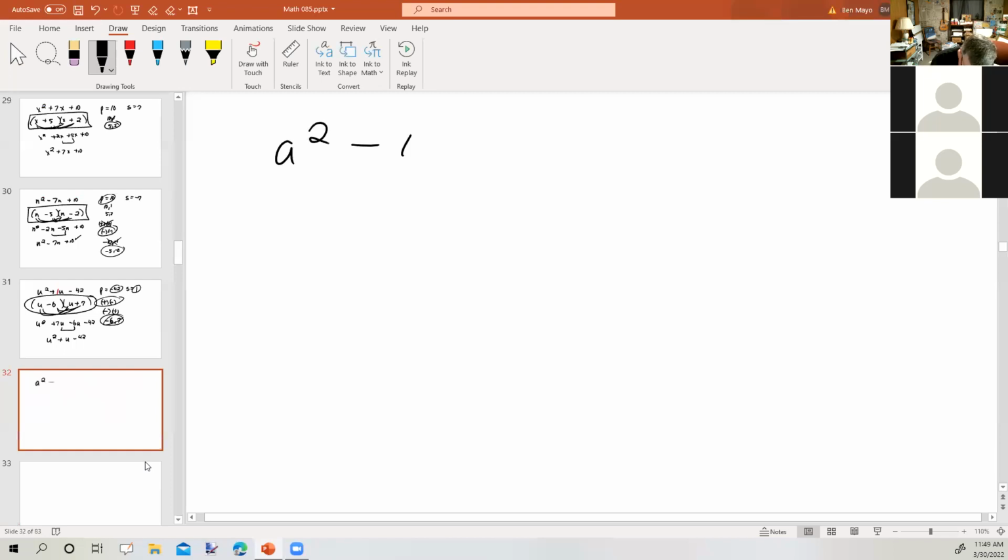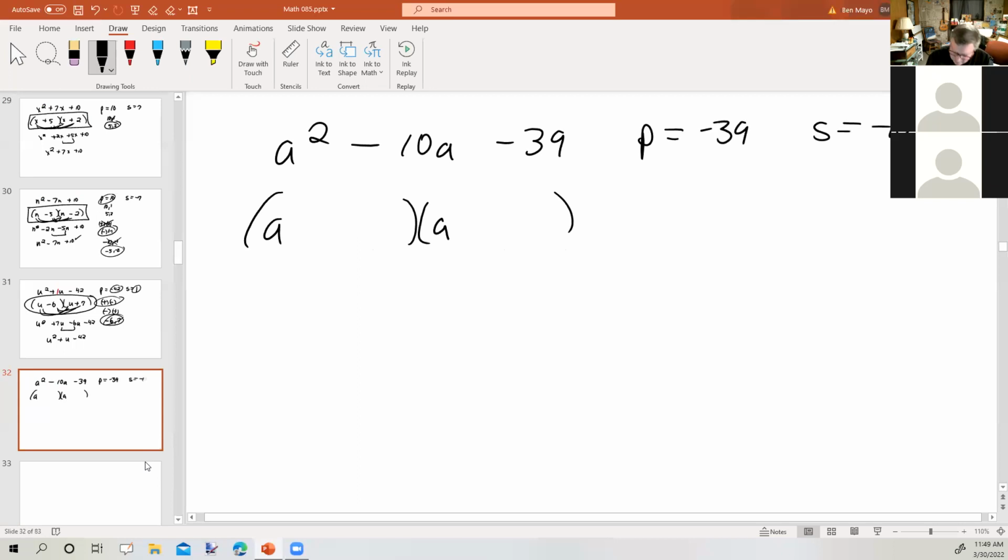A squared minus 10a minus 39. So we're going to split it up into an a and an a. The product is negative 39, and the sum is negative 10. Well, to get a negative product, I have to have a positive and a negative, or a negative times a positive. But when I add them together, the sum is negative.